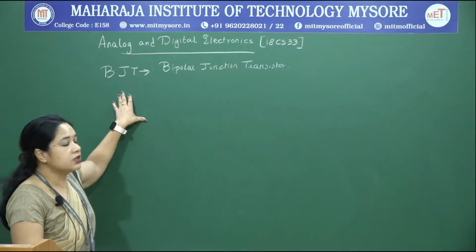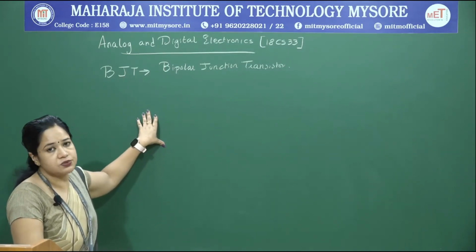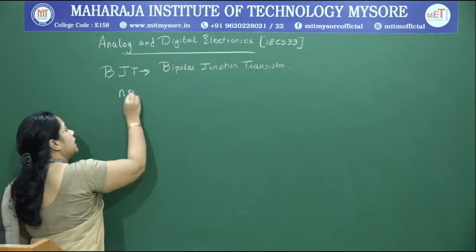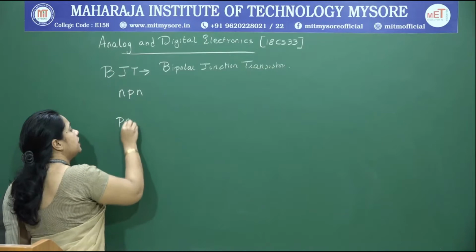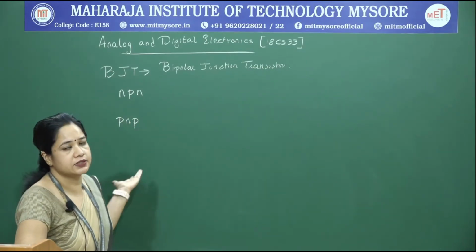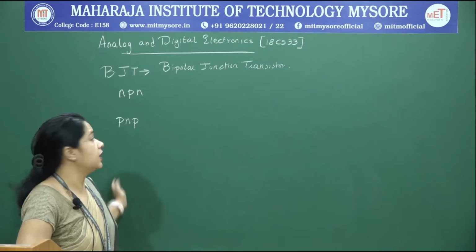Based on the construction, we have two types of bipolar junction transistor: an NPN and a PNP transistor. You just try to recall these things which we have already studied in your basic electronics.